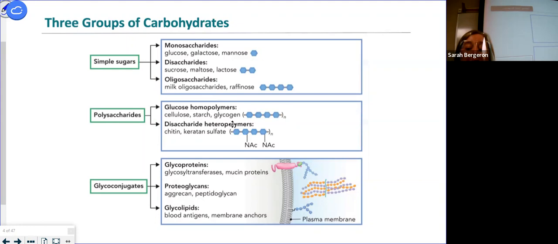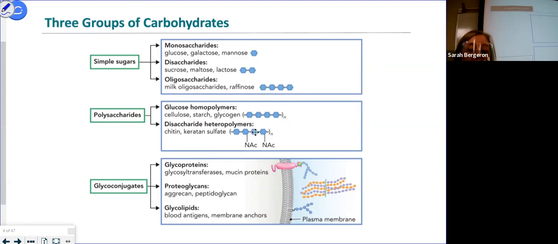Or you can have what are called heteropolymers. Heteropolymers depend on how you designate their description. These are disaccharide heteropolymers because you'll have two different monosaccharides that get repeated over and over again. So that's a disaccharide heteropolymer.